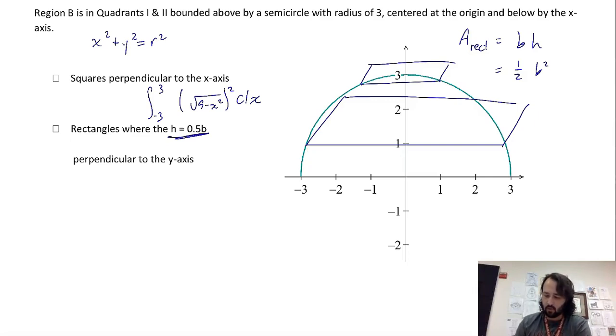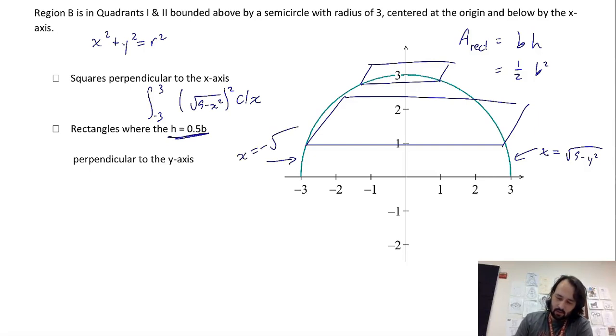If I rewrote my equation, this right part over here is the square root of 9 minus y squared, and this left part is negative square root of 9 minus y squared.